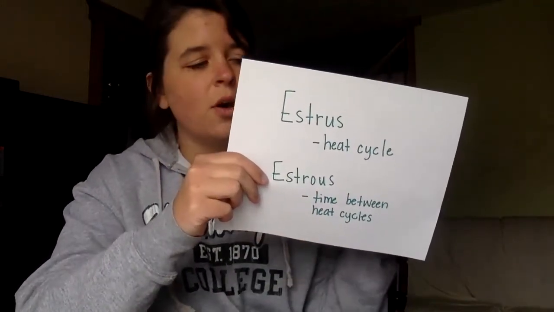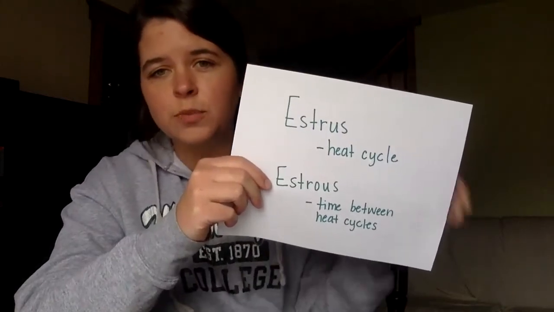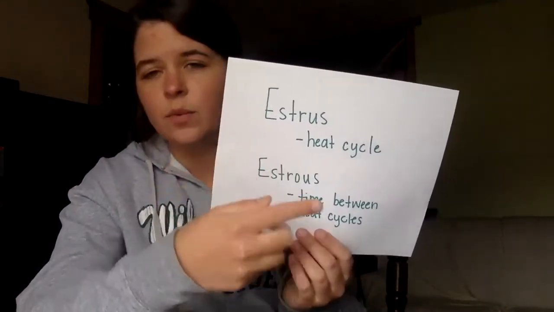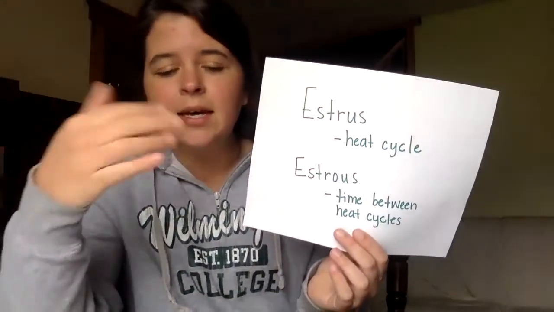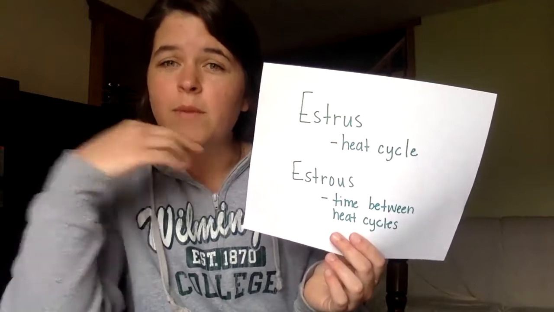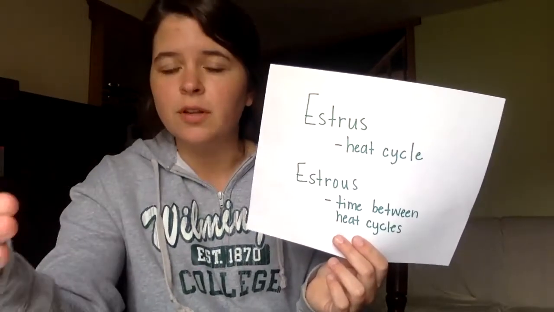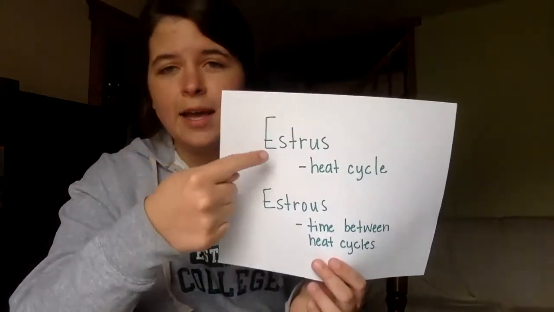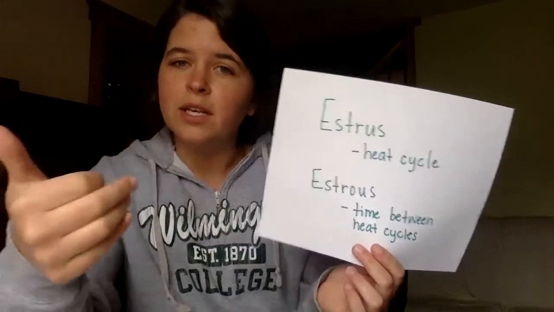Okay, so estrus starts the day that a female hits puberty, and that's what we refer to as the heat cycle. That's when we would say that an animal is in heat. That's when they're most likely to have eggs able to be fertilized. Throughout that cycle is when ovulation would occur.